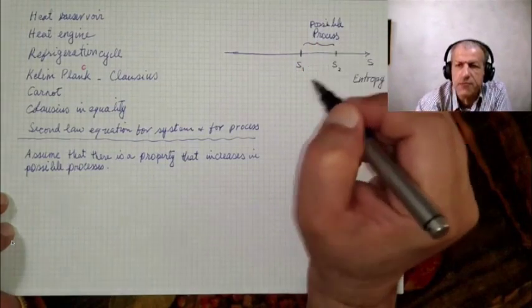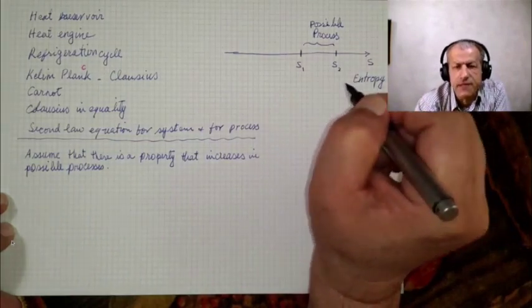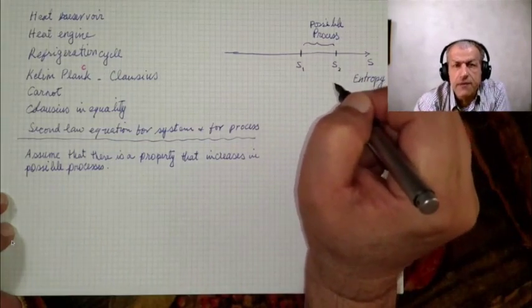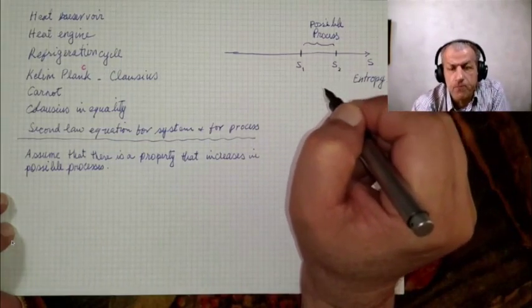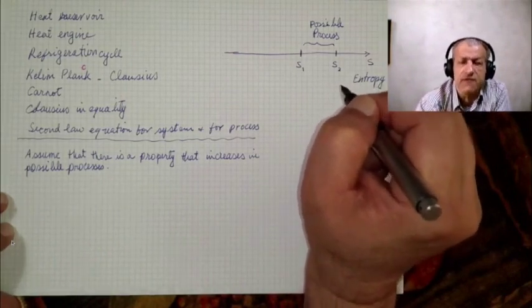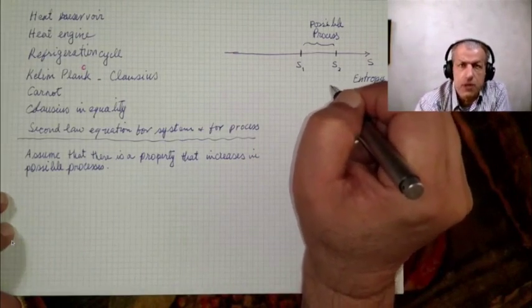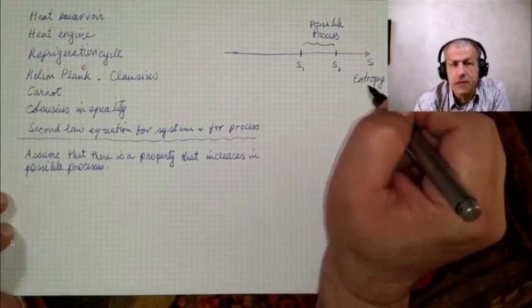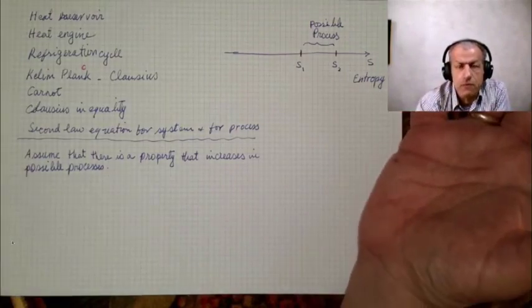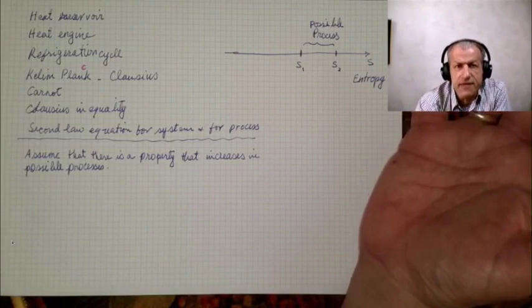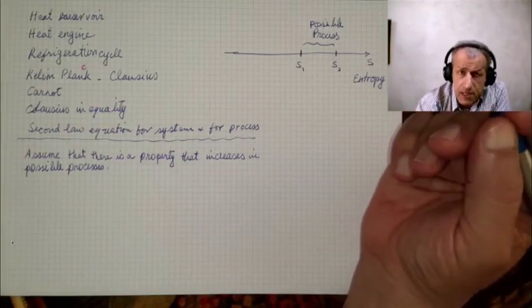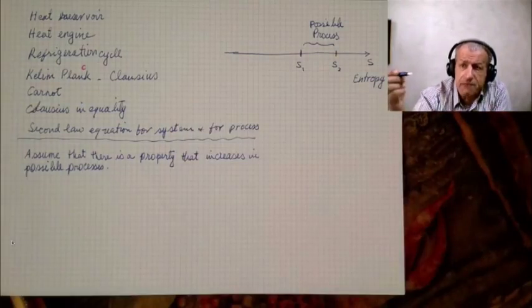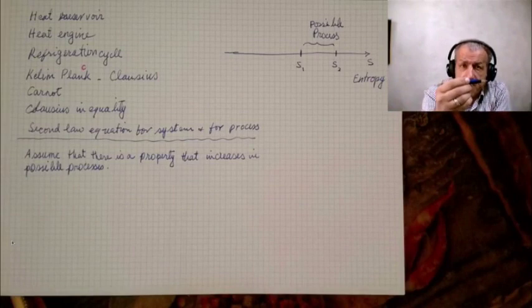So this would entail a possible process. A possible process is a process where the property entropy increases. We are defining entropy to have this behavior. So if I drop this pen, it will go down.